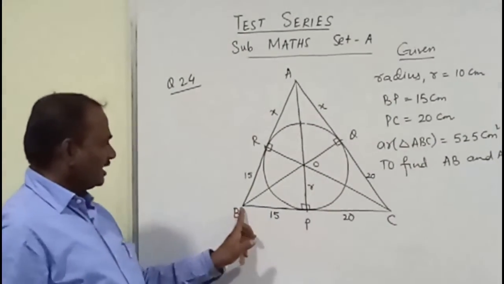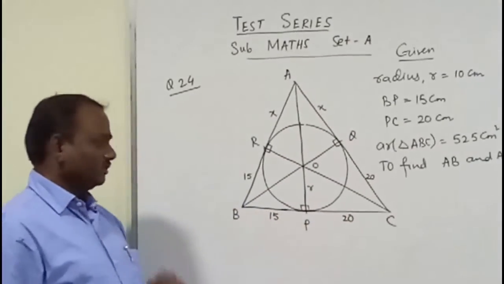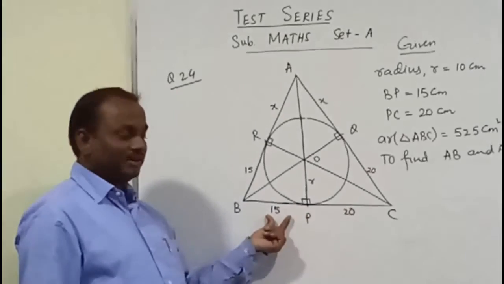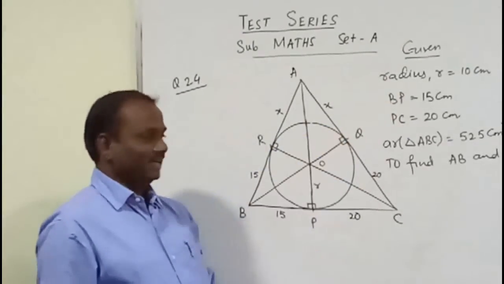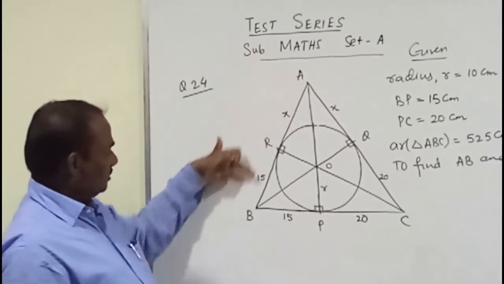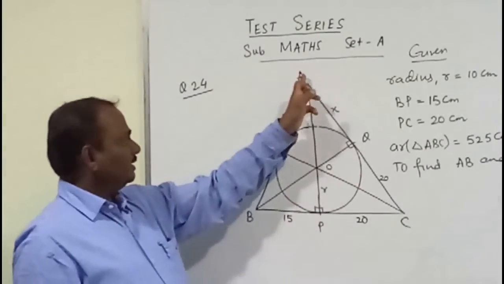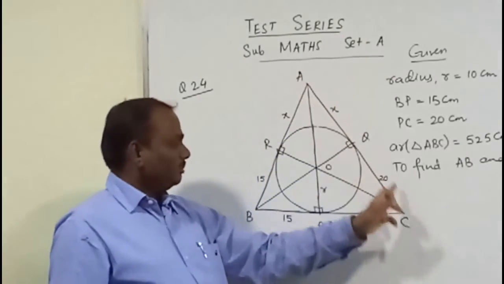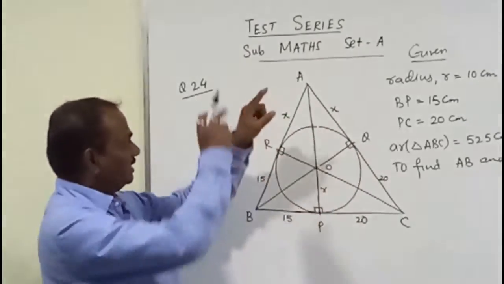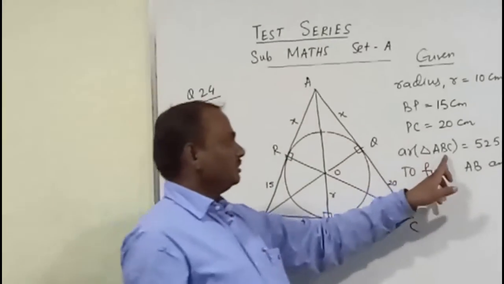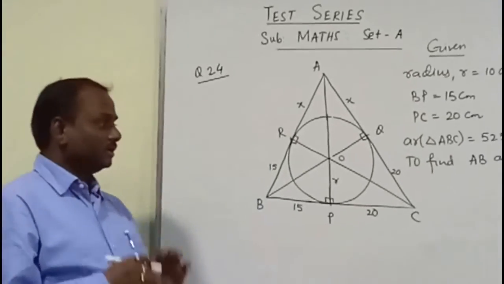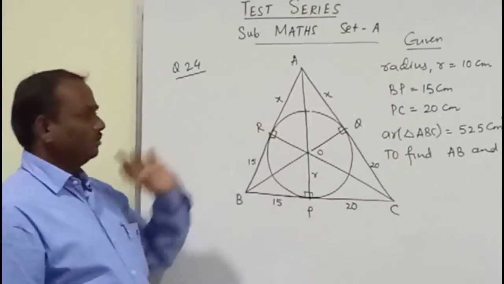So area of triangle BOC can be found by using the formula half into base into height. Base is 20 plus 15, 35, and height is R, that is 10. Similarly, area of AOB is half into base into height, and area of triangle AOC, this is the base and this is the height. Now if I add the areas of these three triangles, I get the area of the whole triangle, which has been given as 525 centimeters square. By using this particular method, we can easily find the value of X.